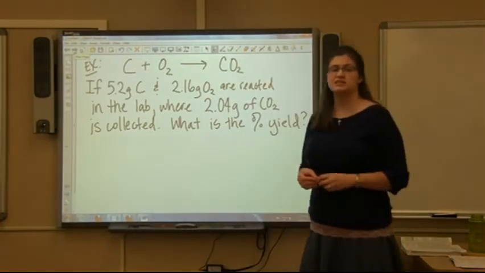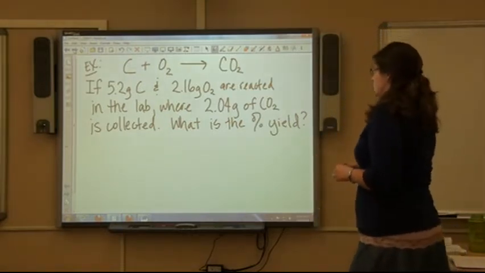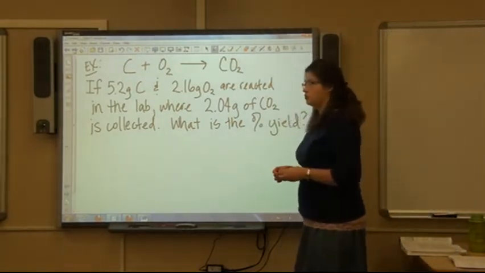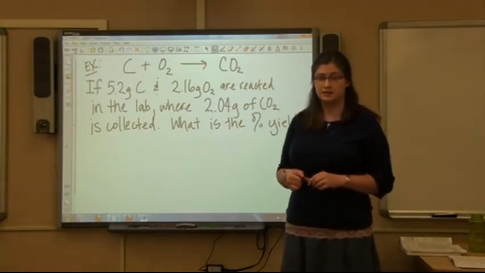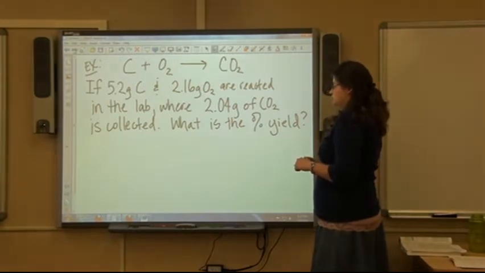Okay, let's do an example of a real chemical equation here with these concepts. Okay, so here's my chemical equation. Step 1, balance. Is it balanced? Yes. Okay, so then, moving on, let's read the question.